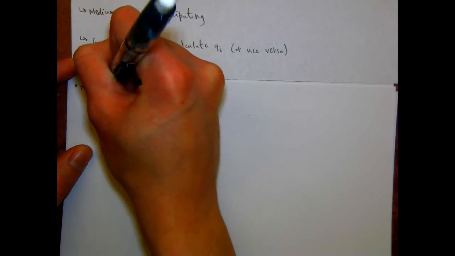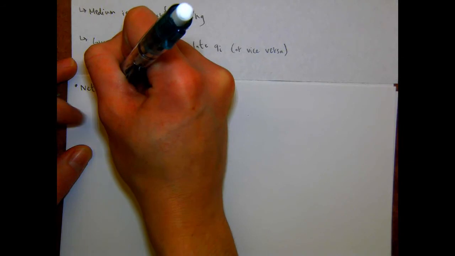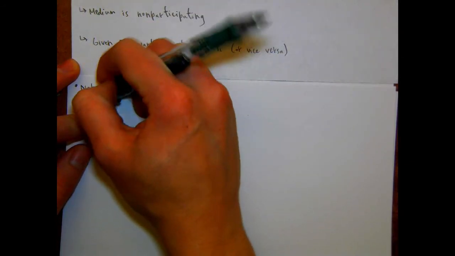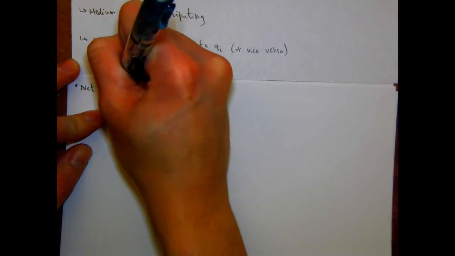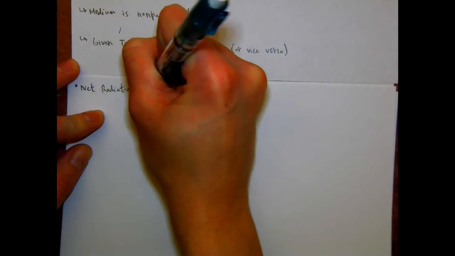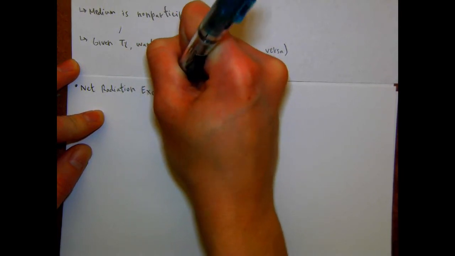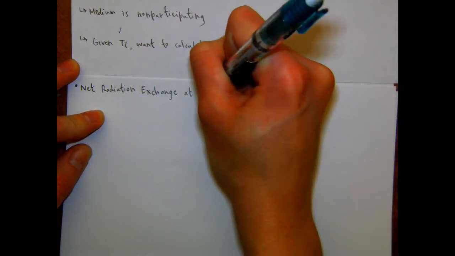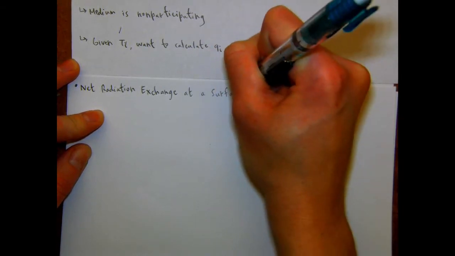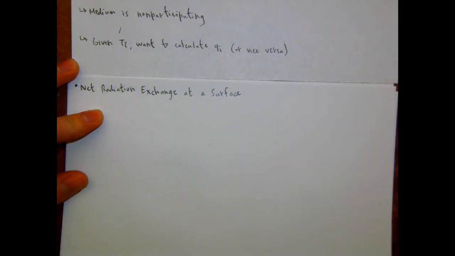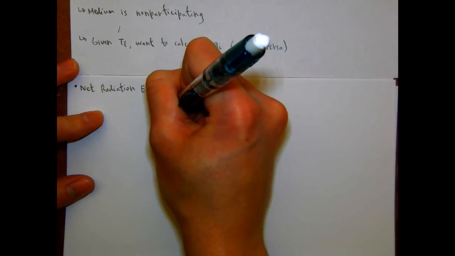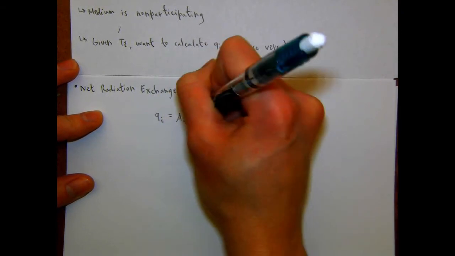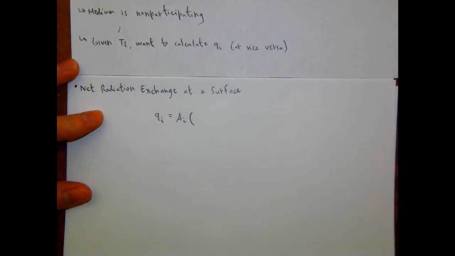So we'll first focus on just one surface and derive some equations for the net radiation exchange at a single surface. So considering a single surface, the net radiation exchange at that surface is going to be what's leaving the surface versus what's coming into the surface.